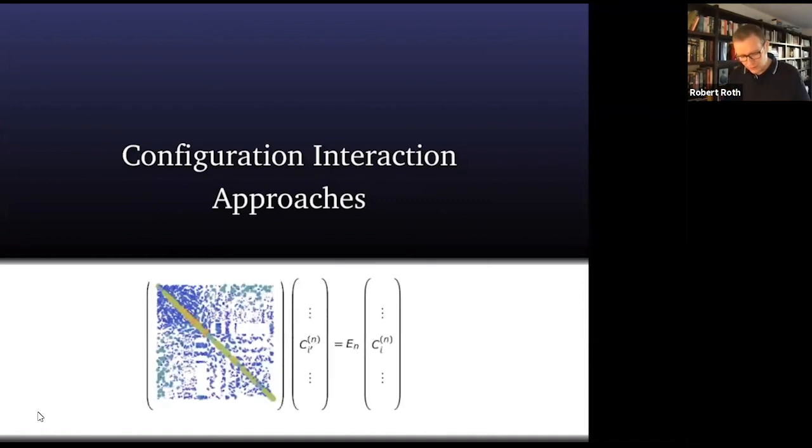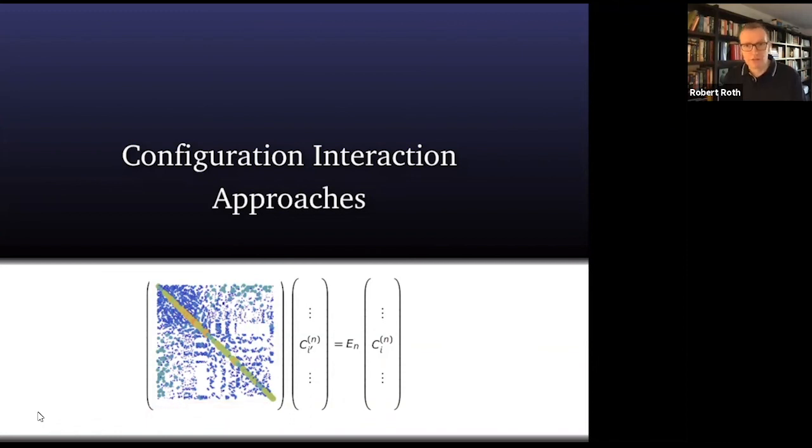And in pictorial terms, configuration interaction calculations always look like this. You construct a matrix representation in a many-body basis of your Hamiltonian. And this matrix I plotted here is actually for carbon 12 to have some specific example. And then you solve the matrix eigenvalue problem of this thing.